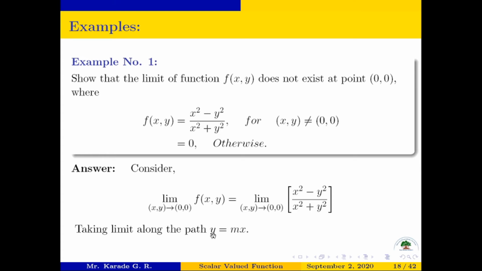If I choose this path y equal to mx, m is an arbitrary constant. If I change m, then the line will change, so for different values of m we get different paths passing through the point 0, 0. So if I choose this path, then what will happen?